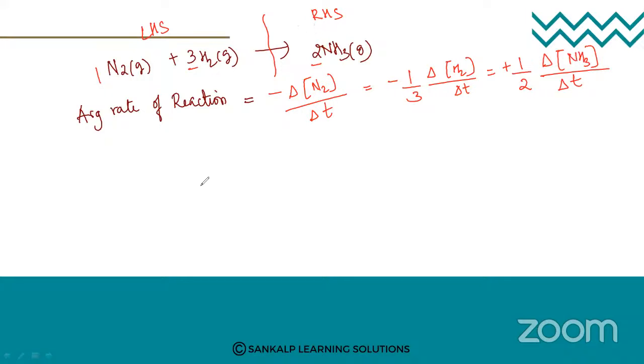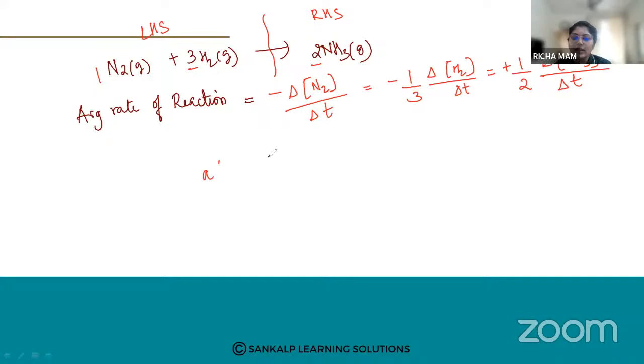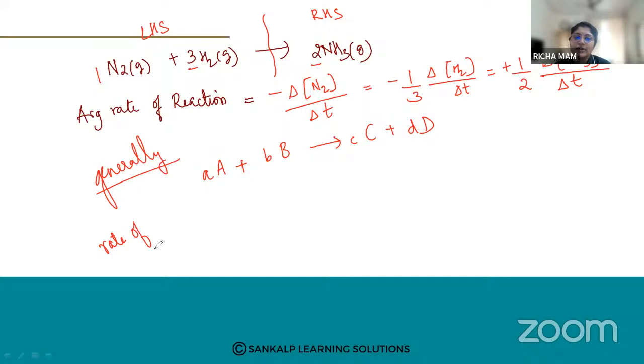Yes, ma'am. Generally, if we have aA + bB giving you cC + dD, where these are the stoichiometric coefficients, how are we going to write the rate of reaction?